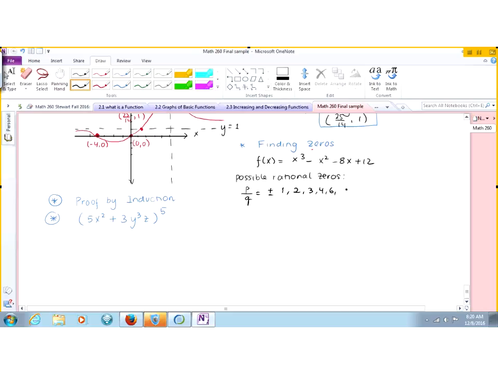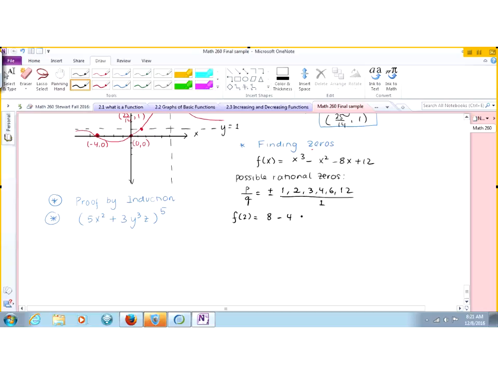Plus or minus 1, 2, 3, 4, 6, 12 on top, divided by 1. Yes. So does it work for 1? No. What about for 2? What is f of 2?